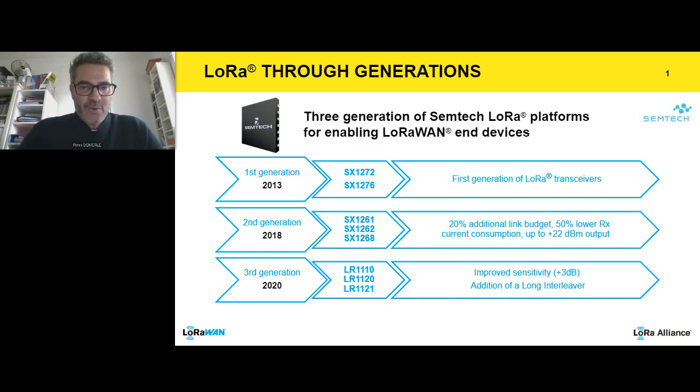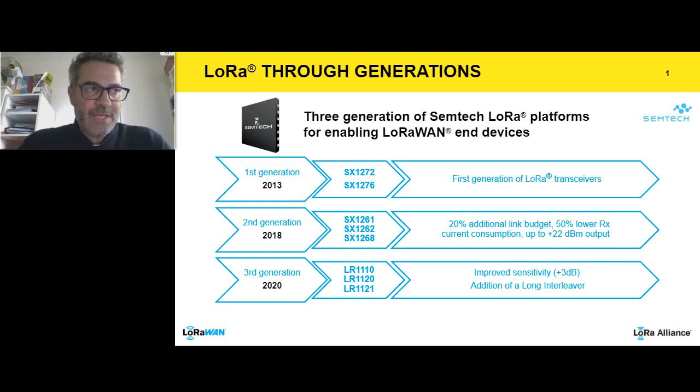You also have more sensitivity, so you can connect over longer distances. An additional advantage is the lower current consumption for reception: 4.6 milliamperes against 10 in the previous generation. That's a 50% improvement, which allows a longer lifetime in this new generation.